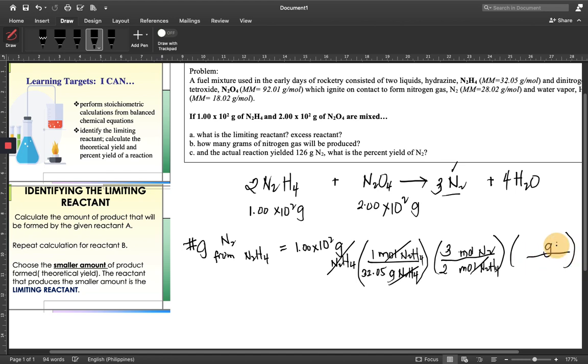So again, we use the molar mass of nitrogen gas so that we will be able to cancel moles of N2, okay, and end up with the unit of grams. So for nitrogen gas, it is 28.02. Alright, now we get to cancel.